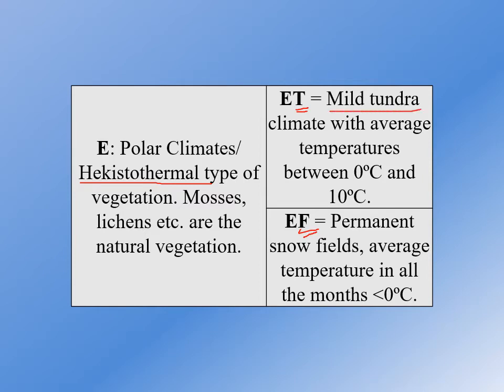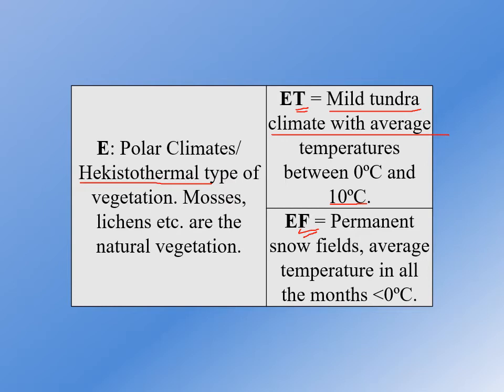So both in summer and winter, temperature lies always below 10 degrees centigrade, whereas EF type, here it is permanently snow covered areas and the temperature almost year around is found below 0 degrees centigrade. So always it occurs below the freezing point. So mainly the snow covered areas fall within this group.